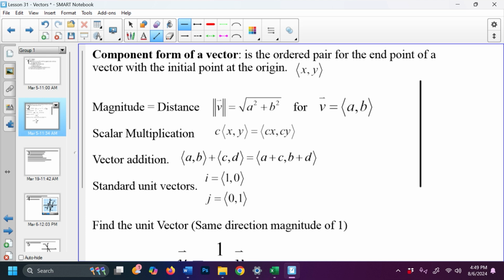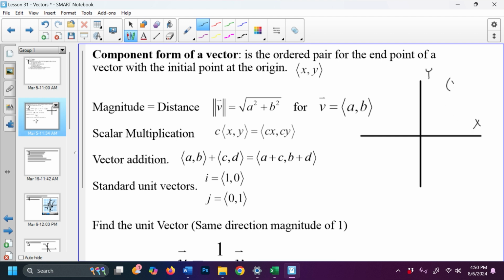If I draw a coordinate plane and call this y and this x, and give you the point (x, y) right here, then the component form of the vector that starts at the origin and ends at the point (x, y) is what we mean.